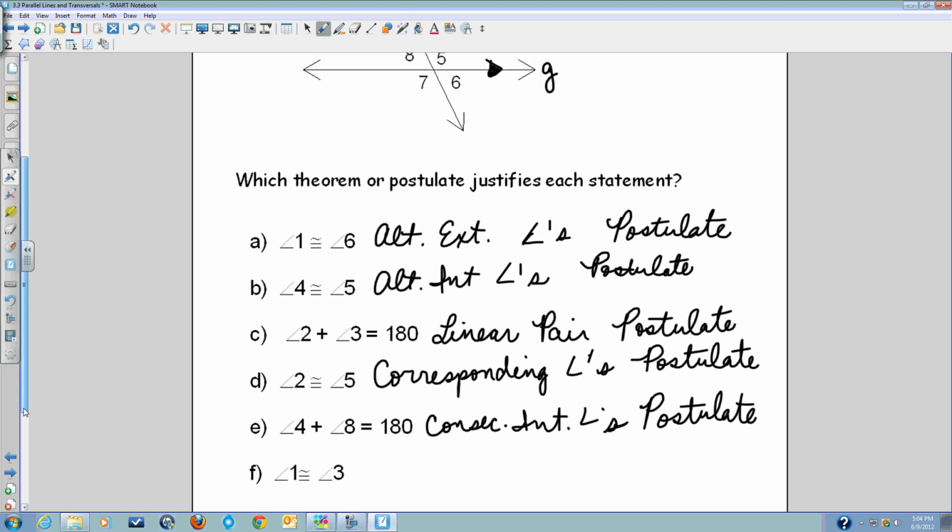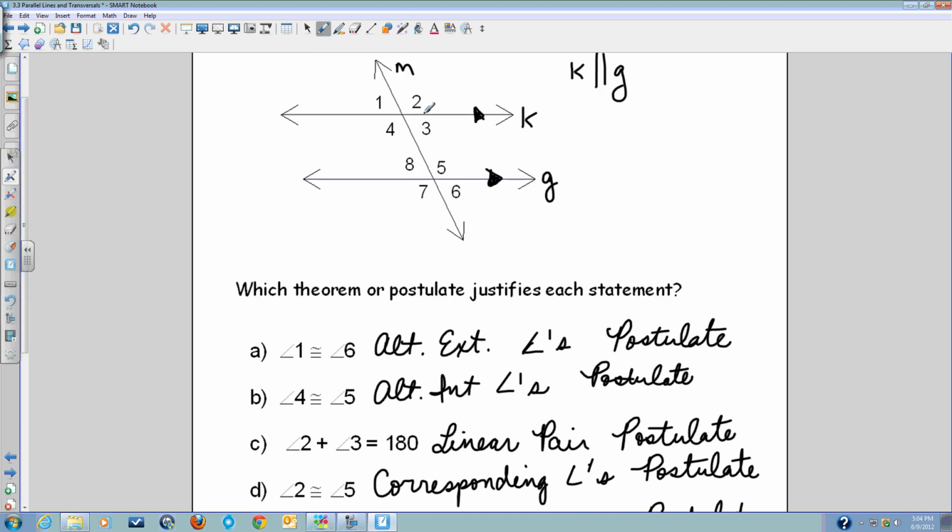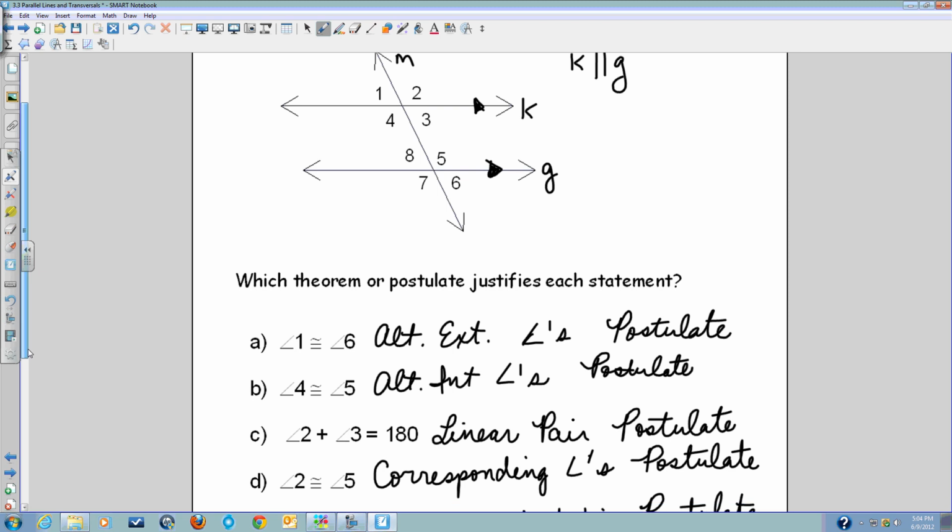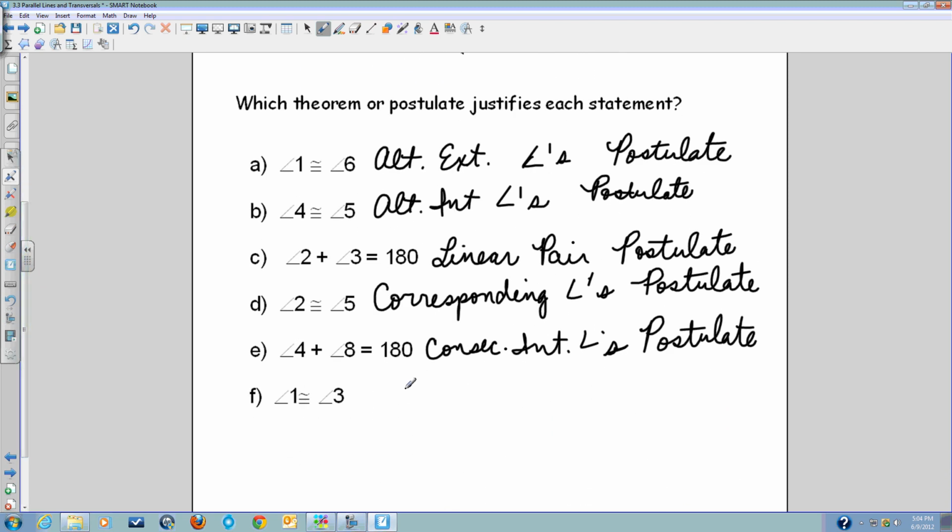And lastly, we want to know how we can justify that angle 1 is congruent to angle 3. Well, those are vertical angles. That's why they're congruent. So we're going to say that is the vertical angles theorem.